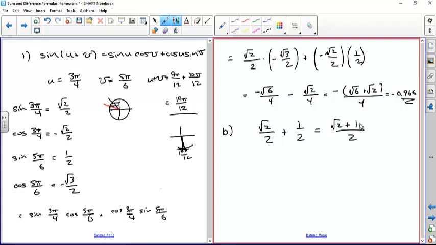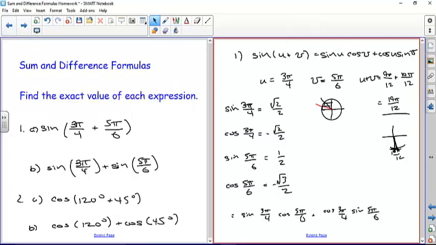So let's do that in decimal form just to see what it is. Square root of 2 plus 1, then divide by 2, and you get 1.207. Which obviously is wrong because the sine is always between negative 1 and positive 1.